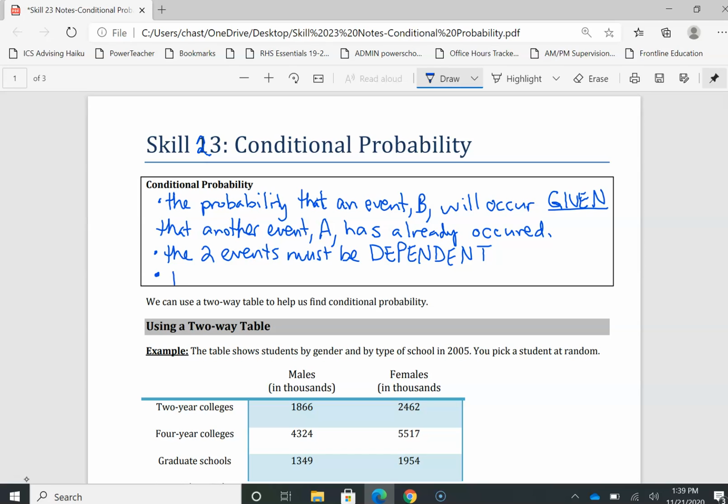And we use the notation P for probability, B given A, so that little slash means given, okay? What that means is probability of event B given that event A occurred.